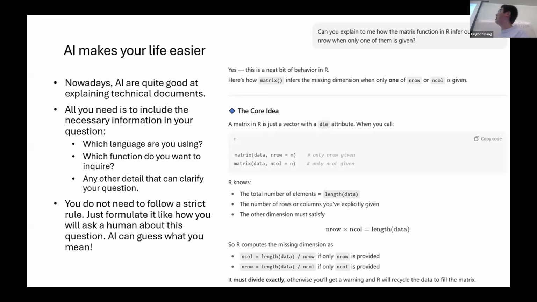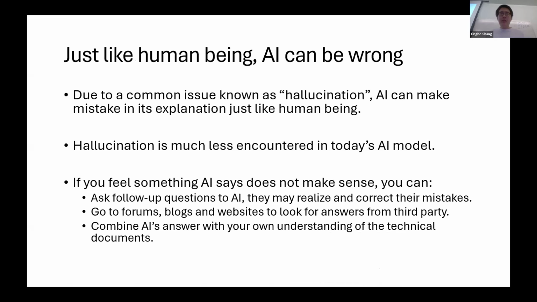So usually you just say what function you're using, and that this function is from R, and then it will explain all this stuff to you. And of course, if you feel any point is not clear, you can ask, what do you mean by length round brackets data? It will again explain to you.